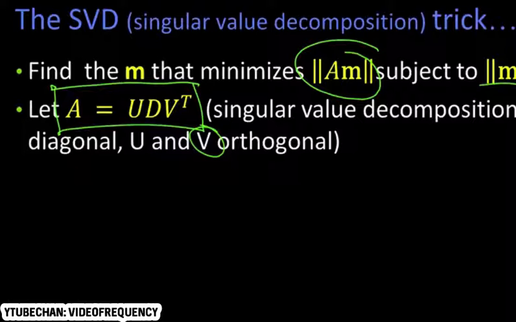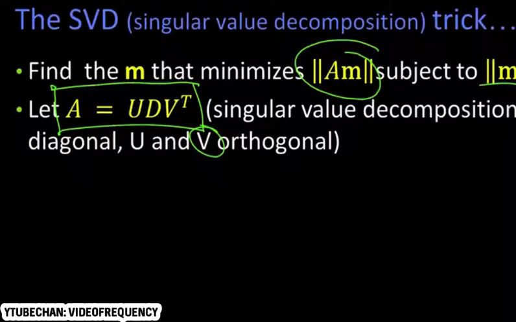U is going to be a much bigger matrix. It says orthogonal, but I should be more precise: each column is orthogonal to each other, so in this case it's a 2n by 12. And most importantly, D is a diagonal matrix, so it only has values on the diagonal, and it is customary to write it in decreasing order of absolute value, from the biggest to the smallest.